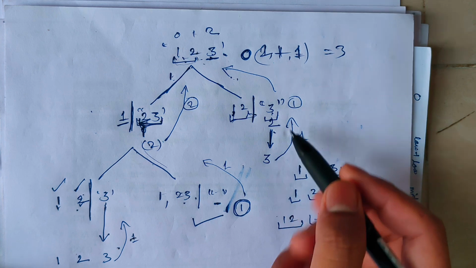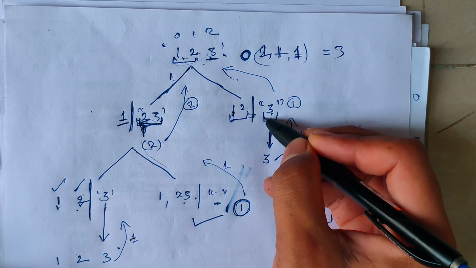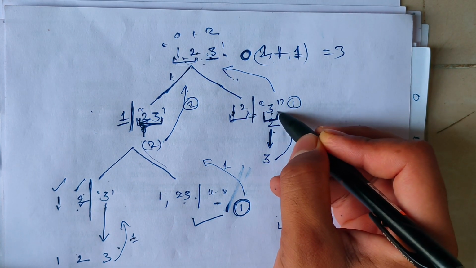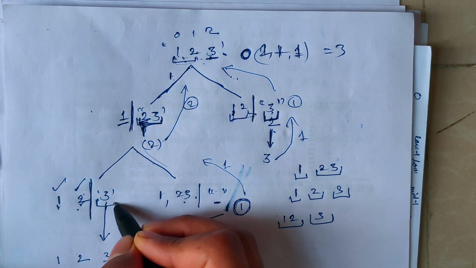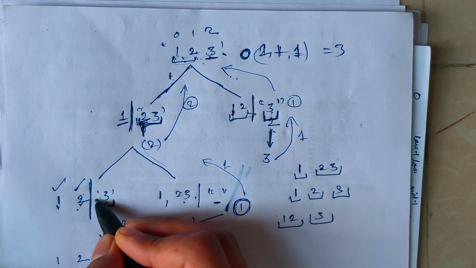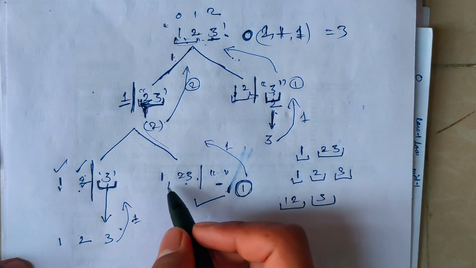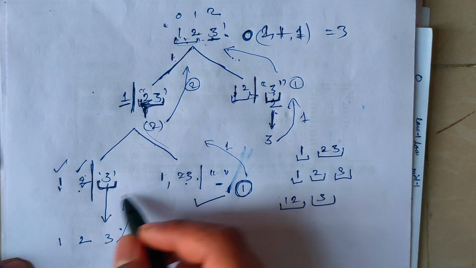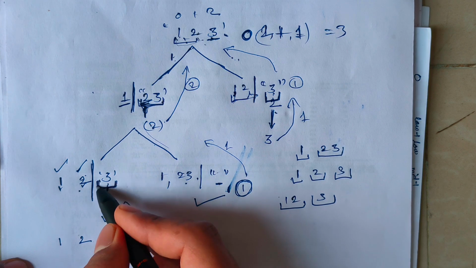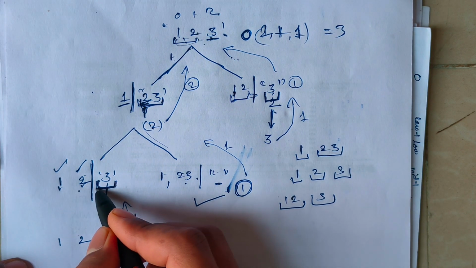But what we can see here is at last we are left with only 3, and here also we are left with only 3. So there are overlapping subproblems, so we can store them in a DP array.